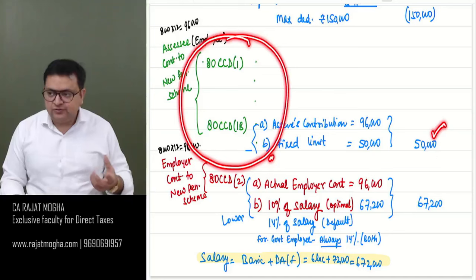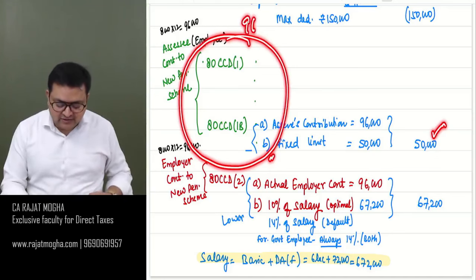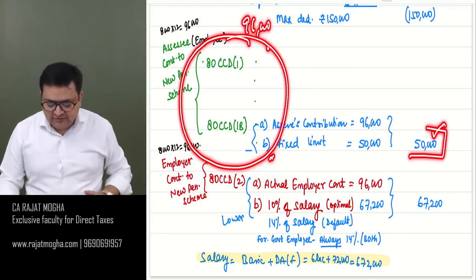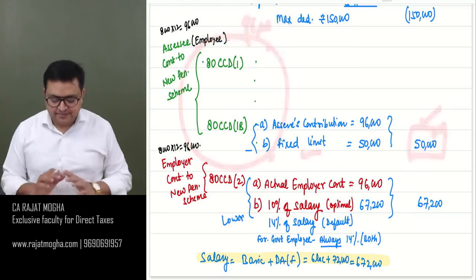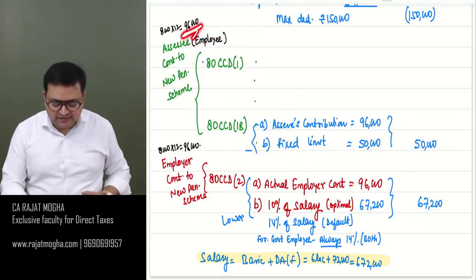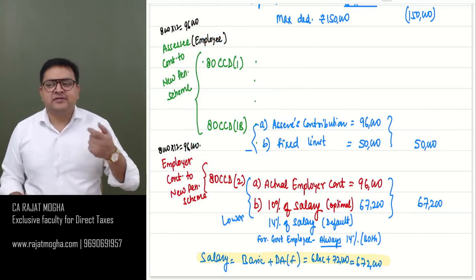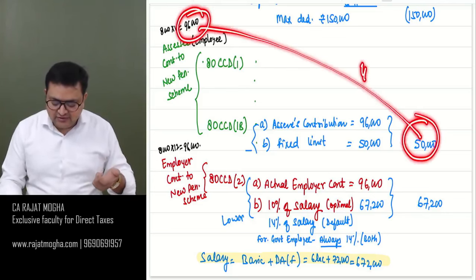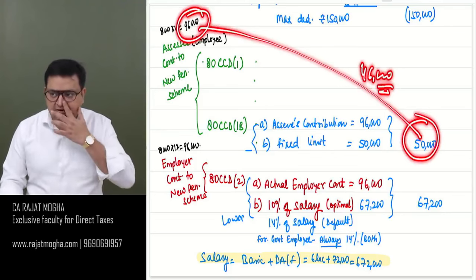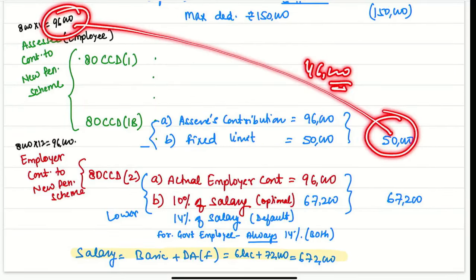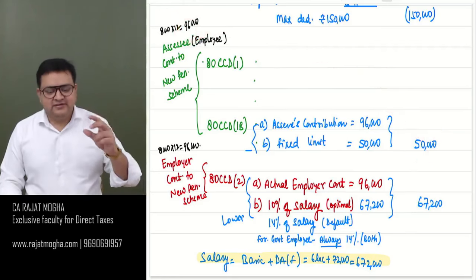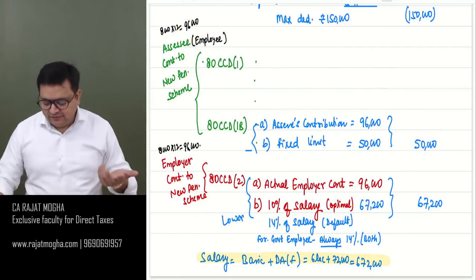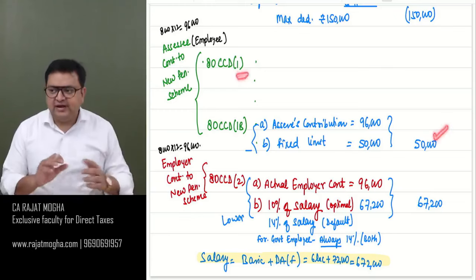Because the assessee is depositing 96,000, we will give him deduction, but out of it, 50,000 we have given in CCD1B. So how much is left now? 46,000. Everybody is okay with 46,000? Correct, Shagna. Correct, Aditya. If the assessee is depositing 96,000, the maximum deduction he can get is 96,000 only. 50,000 he is already getting. So in CCD1 we are left with 46,000.